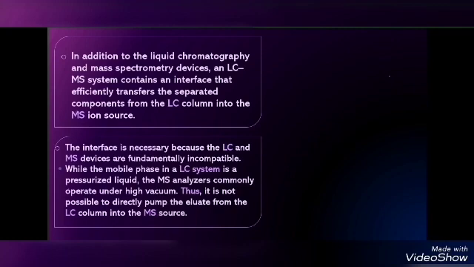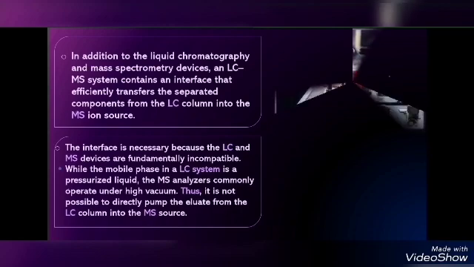The interface is necessary because the LC and MS devices are fundamentally incompatible, while the mobile phase in an LC system is a pressurized liquid. The MS analyzers commonly operate under high vacuum. Thus, it is not possible to directly pump the eluate from the LC column into the MS source.